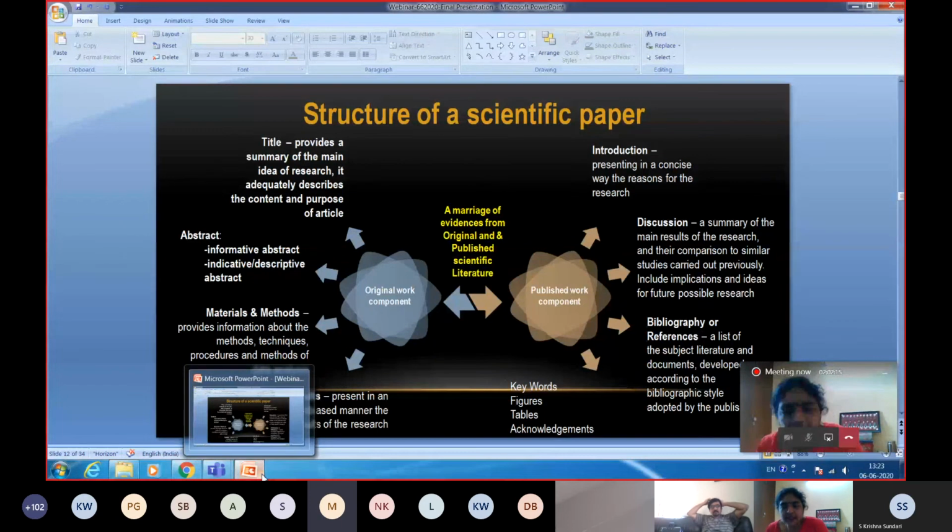So, the main function of keywords is that any search engine which receives a request for search can readily pick your paper for that particular work.